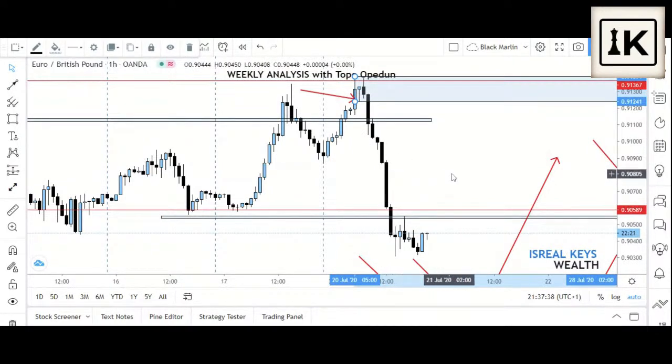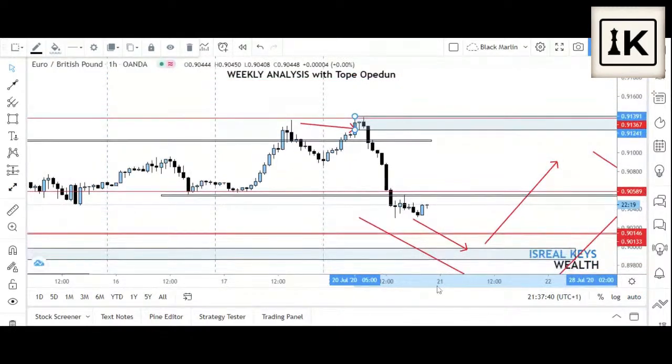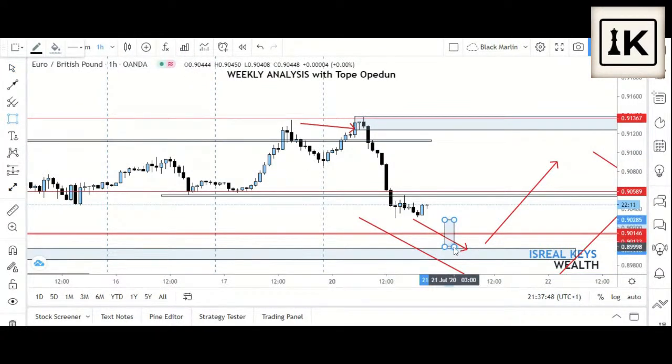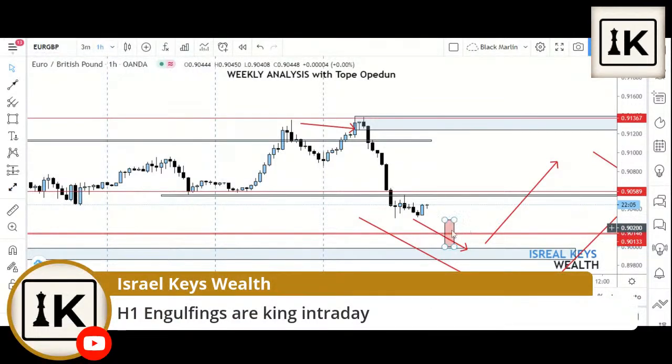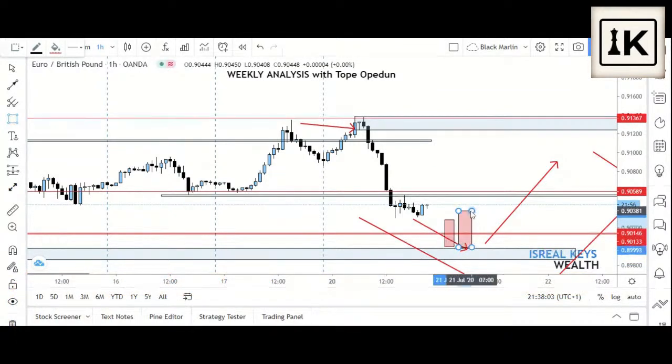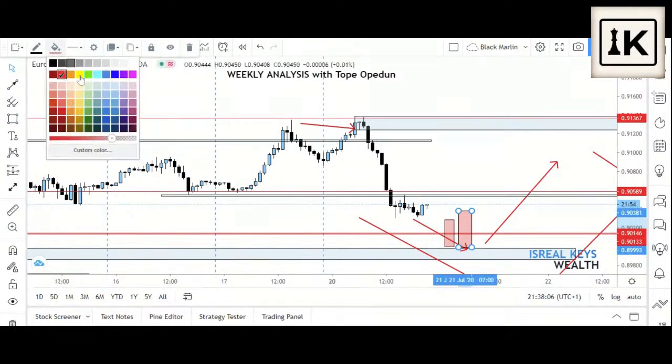Okay. So the same thing at this reaction point, this area here. If price gets to this level and I see a bearish candle, so let's assume this candle I'm drawing now is bearish, let's fill that with red, I'll wait for another H1 candle to close above it, but that candle has to be bullish.